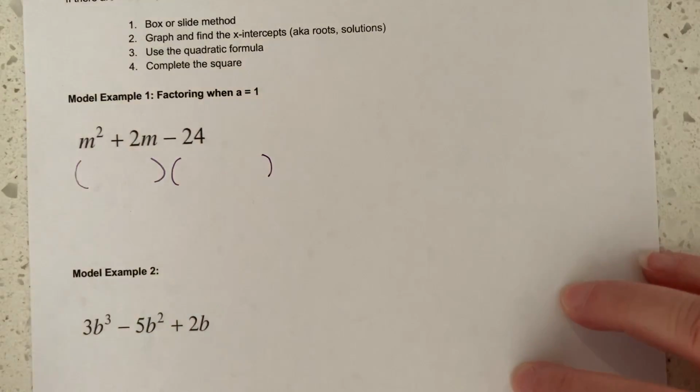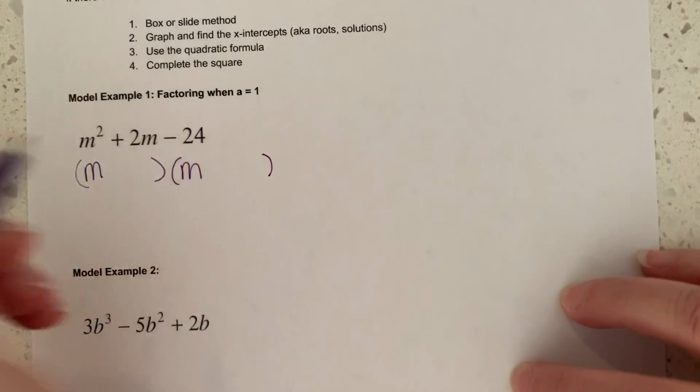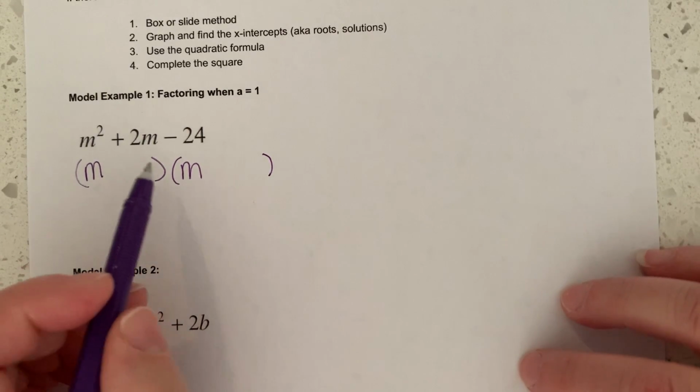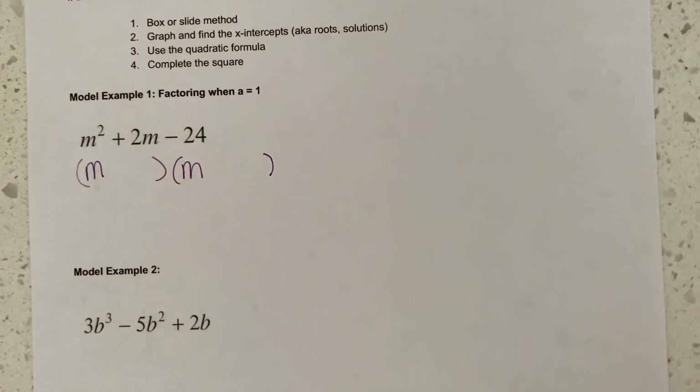Remember, we want it to look like this. So we're looking for factors of negative 24 that add to be 2. So you have to think of what multiplies to be negative 24 and adds to be 2.